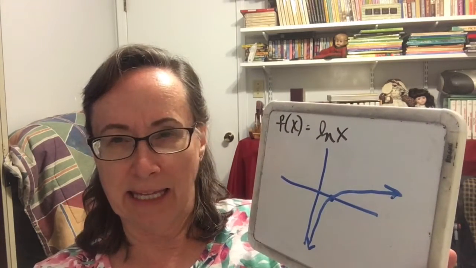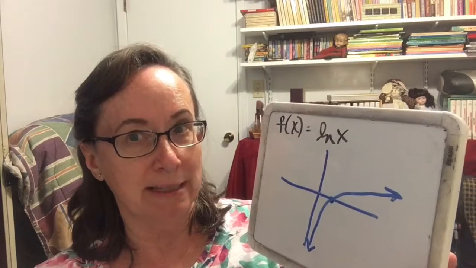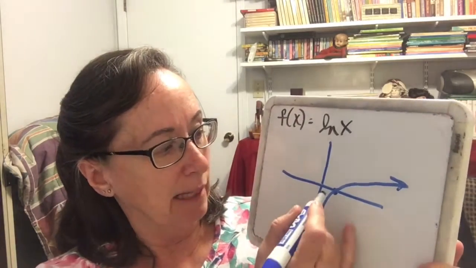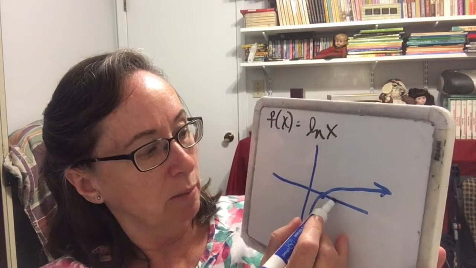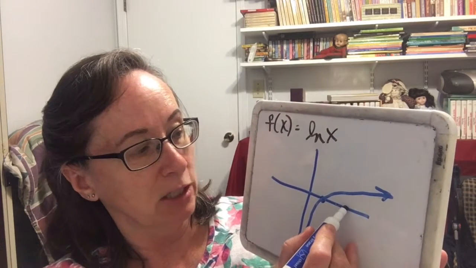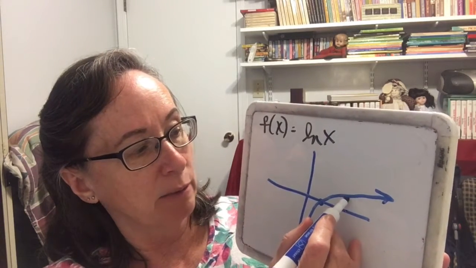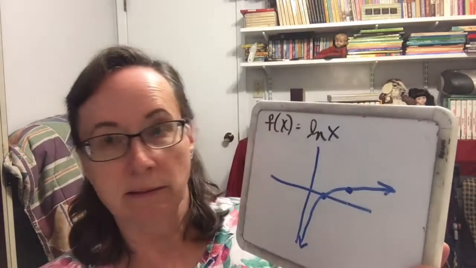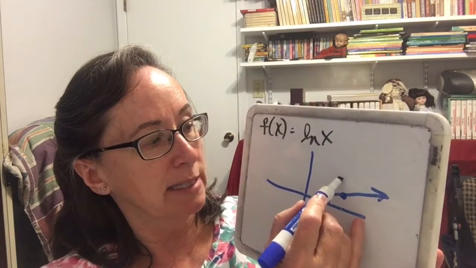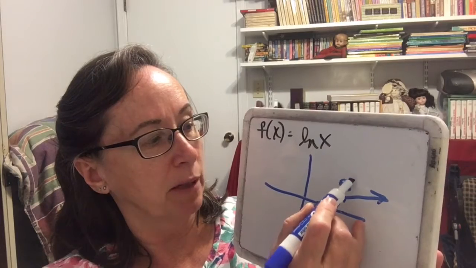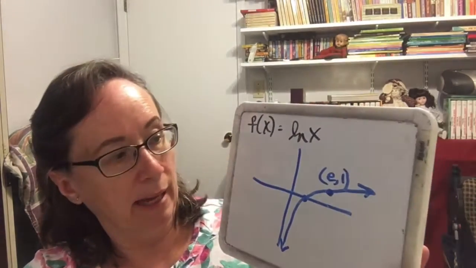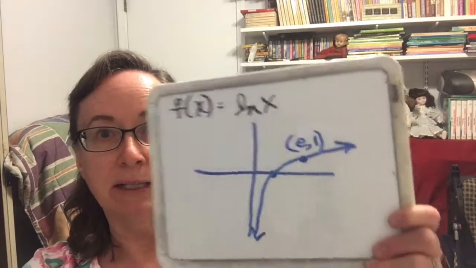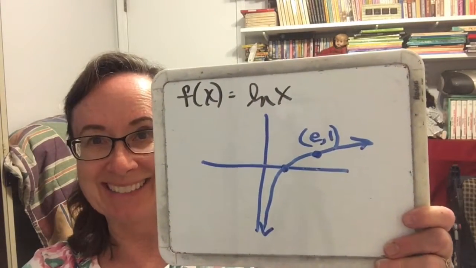And since e is about 2.7, I'm going to go to 0.7-ish, and then my value is supposed to be 1. Okay, so I could say e, comma, 1 would be a point. Okay, so it would be about there, and that looks good to me.